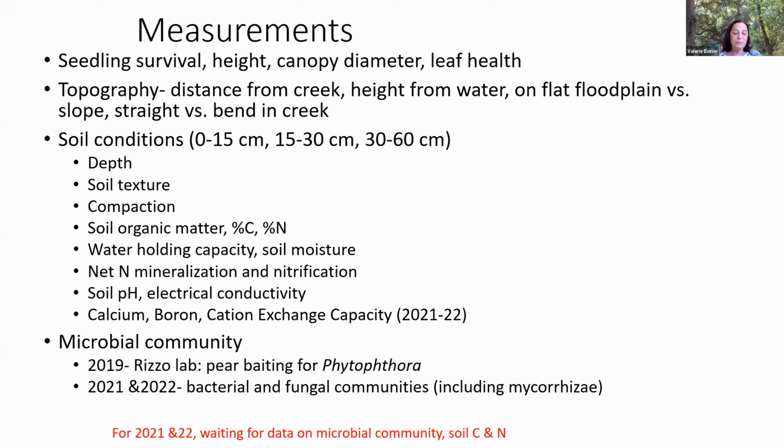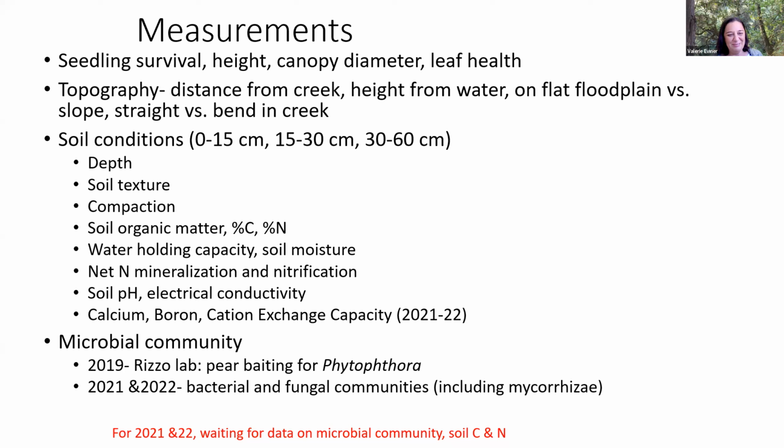And we looked at a whole suite of soil conditions, not just in the surface soil, but deep down as well, because for a lot of seedlings, especially getting through our rough California summers, getting their roots down into some water can be really important. And then, of course, Phytophthora, which is the key point of this meeting, we looked at in 2019 in collaboration with the Rizzo lab, doing parabaiting for Phytophthora on our soil samples.